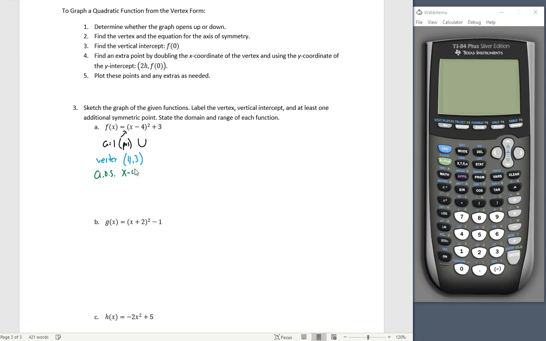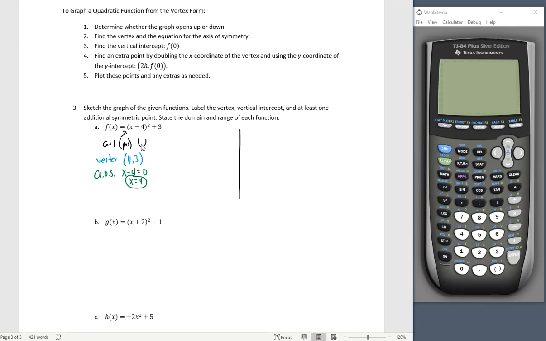When you're in vertex form, for the axis of symmetry, set x minus 4 equal to 0. We get x equals 4. This is the axis of symmetry, but it also leads us to this vertex number of 4. So if you forget, find your axis of symmetry first, and it should be a little bit easier.